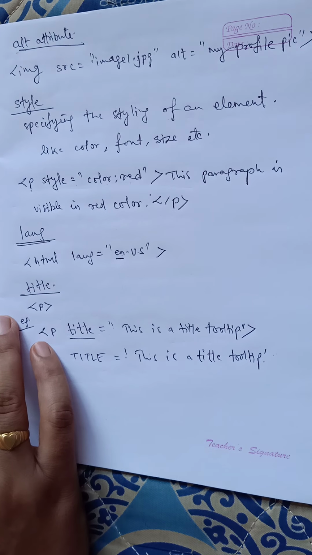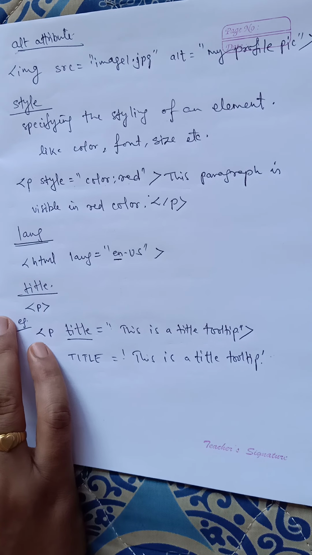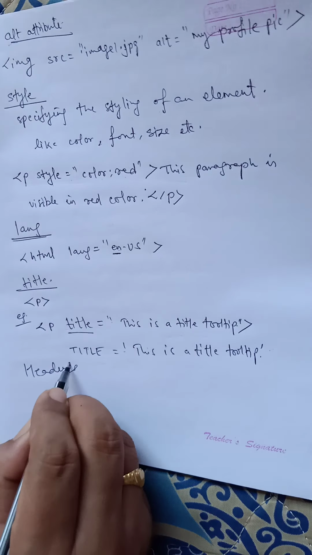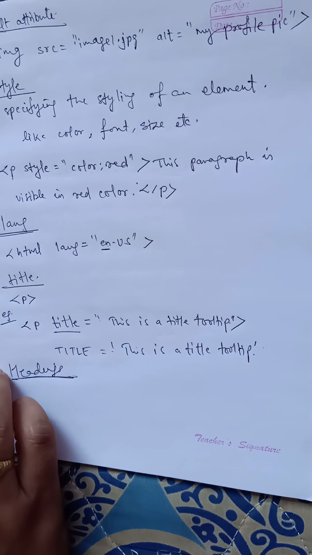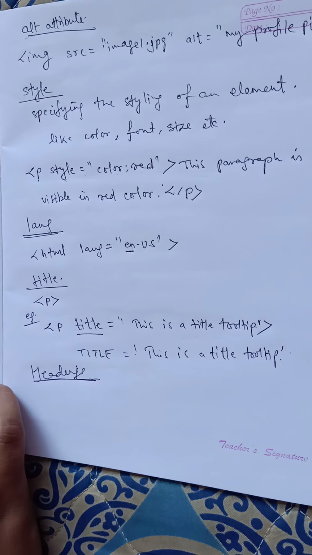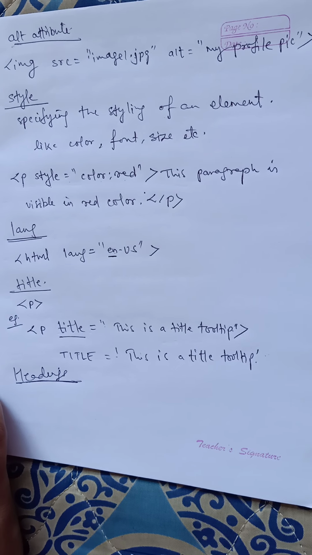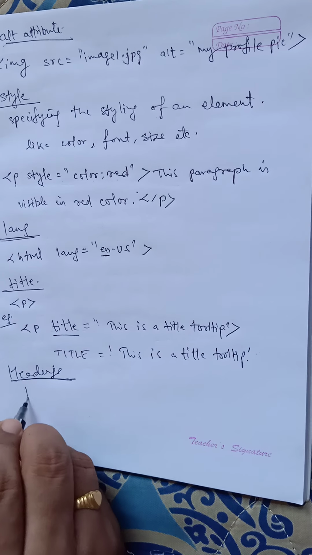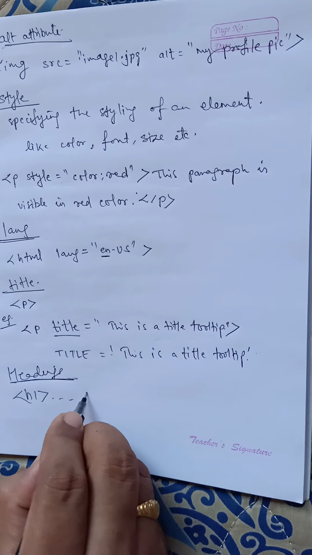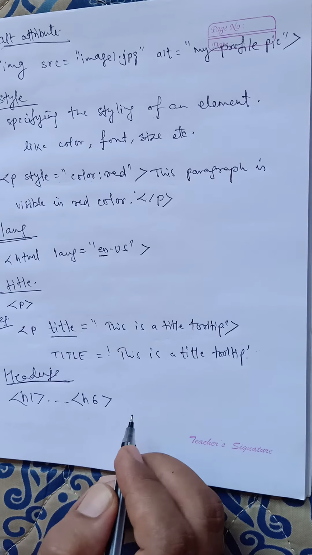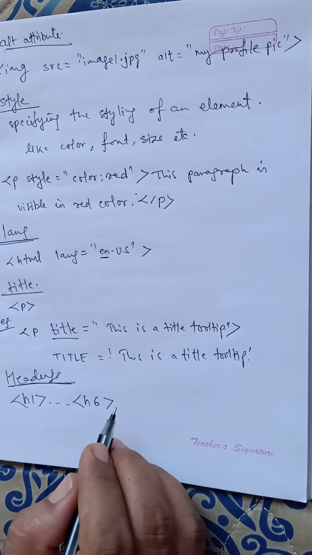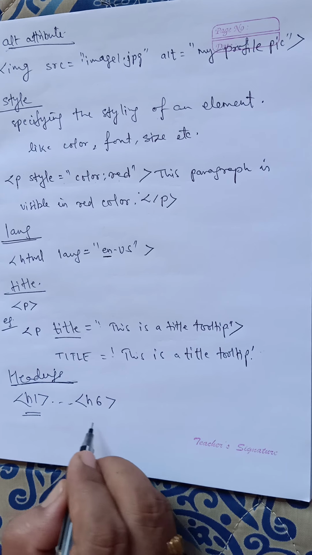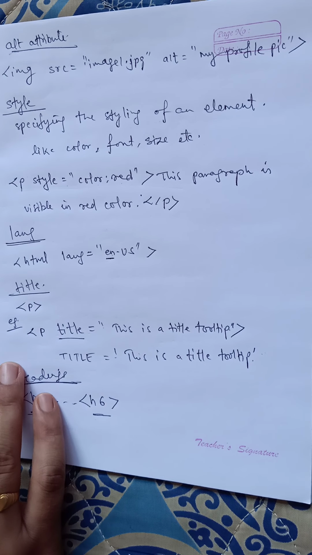Now next, let's discuss the headings. In my previous classes I have already told you, these headings are defined from H1 to H6 tags. H1 defines the most important heading, whereas H6 defines the least important heading.